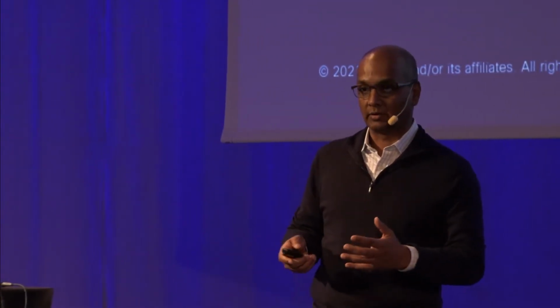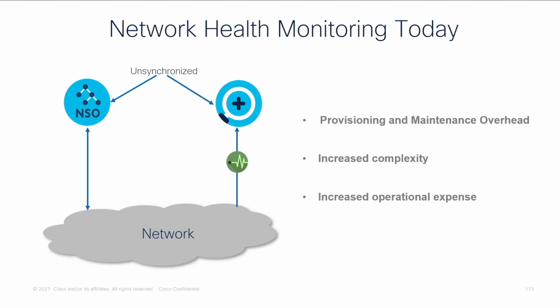So looking at all this, it does make sense, but what is the realistic scenario in how health monitoring is done today? We use NSO to provision all our network services, but when it comes to health monitoring, there are two disjoint processes.